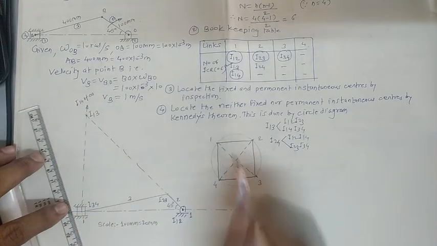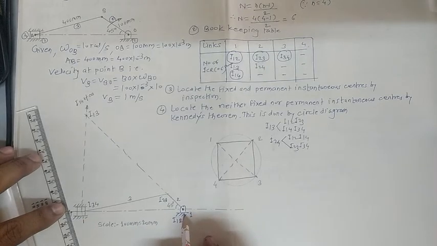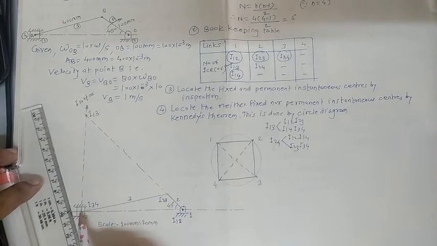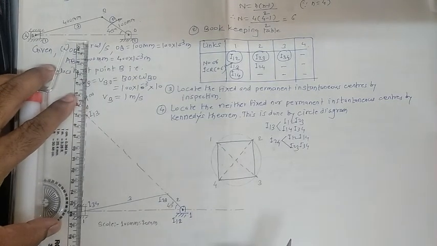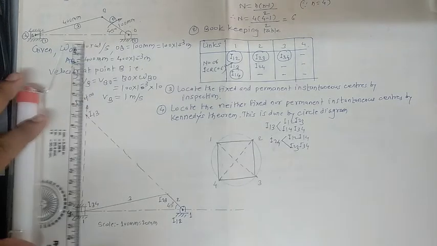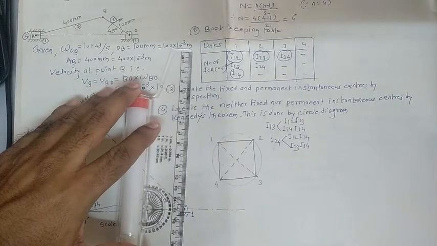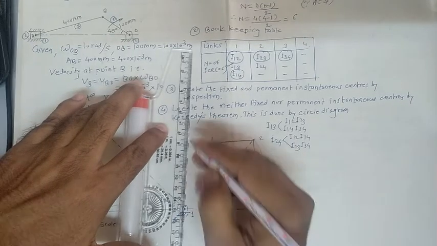One more important thing here, where we found the fixed link. Here is the fixed link. If any slider is available in the given problem, then from whatever fixed point is available with us, draw a parallel line to the motion or whatever line is shown here. Draw one parallel line to the previous one in this way, and that is I14.